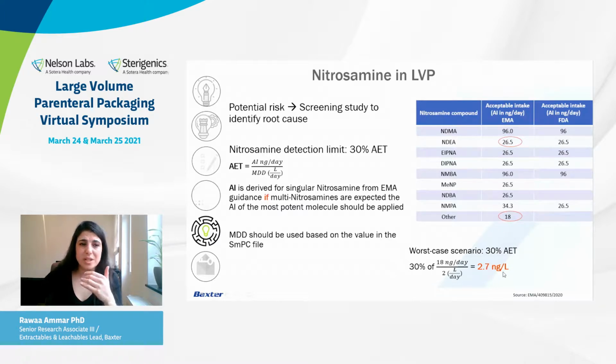This is quite a challenging analytical limit for the sensitivity of the method. And this has always been a challenge for LVP, specifically for unknowns. But in this case, it's not an unknown. It is an identified molecule. It's a targeted molecule, and we can get around it using the appropriate techniques.